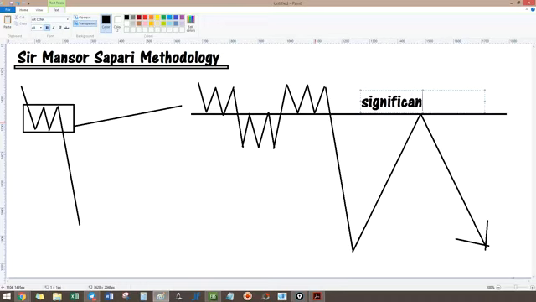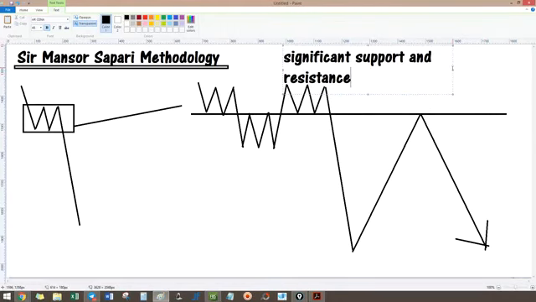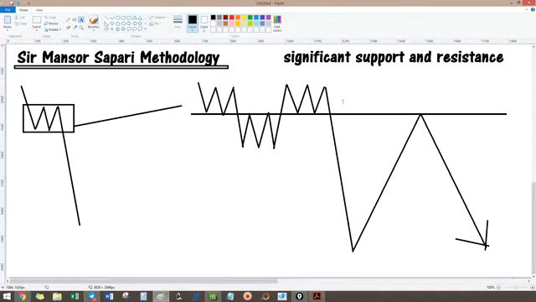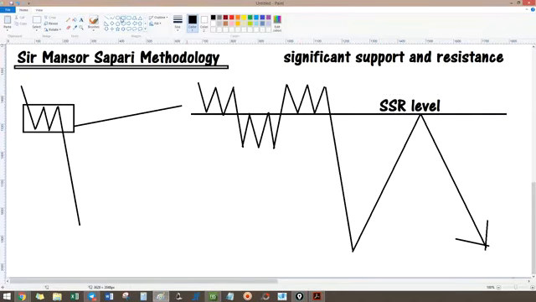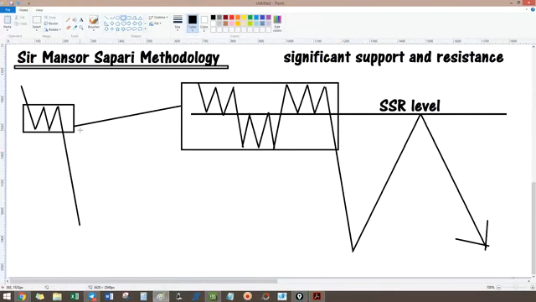Semanso will call this significant support and resistance, or SSR, SSR level. Alright, in a base, you will find SSR.